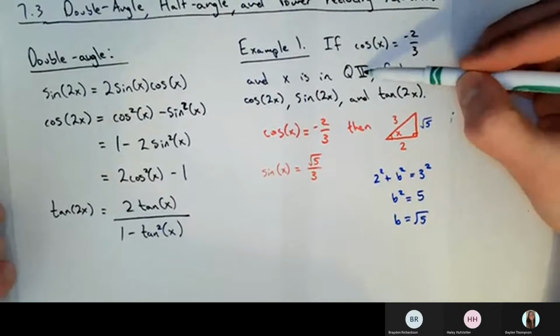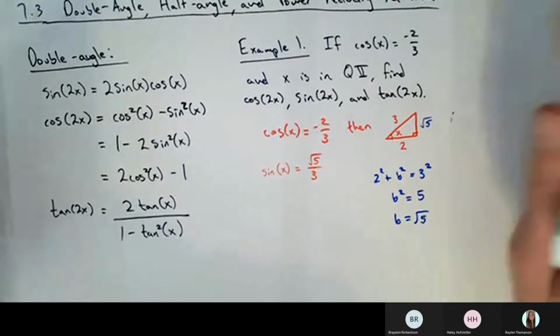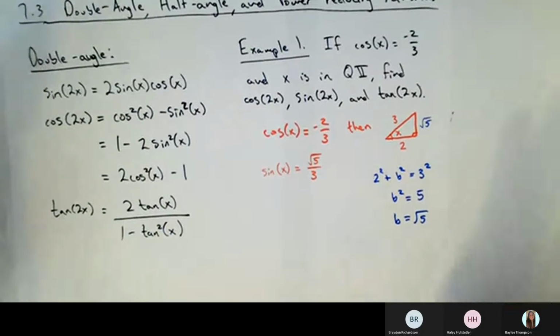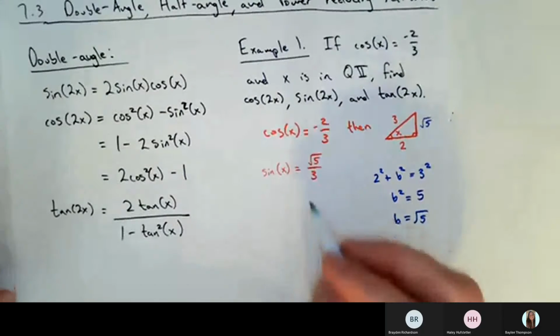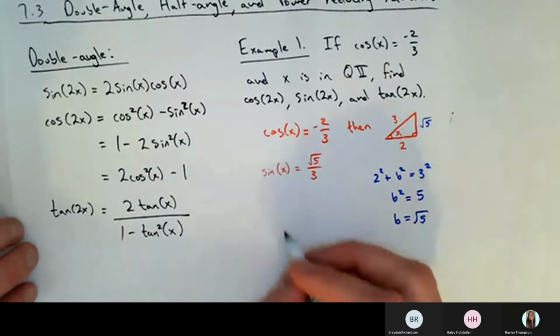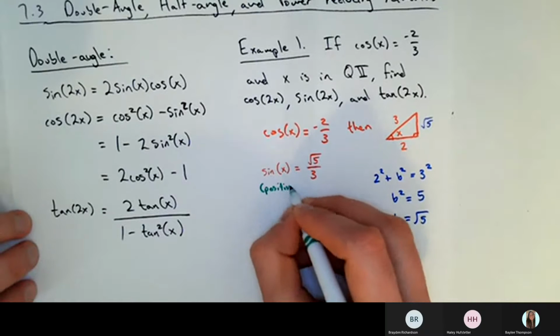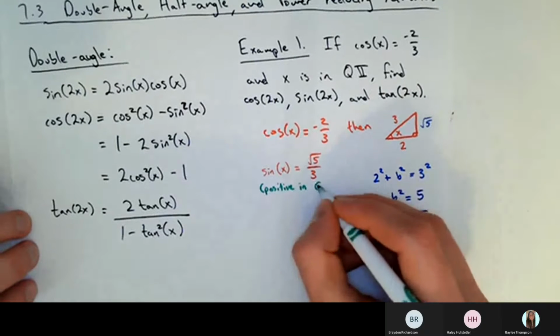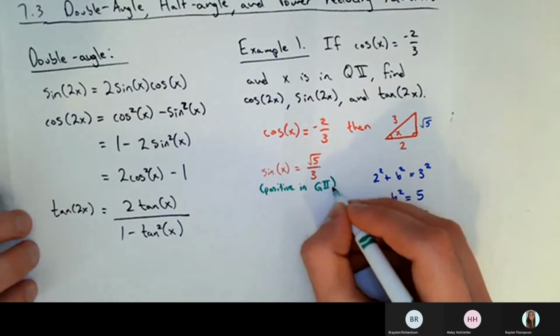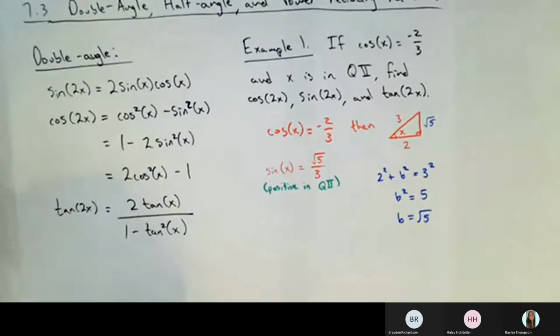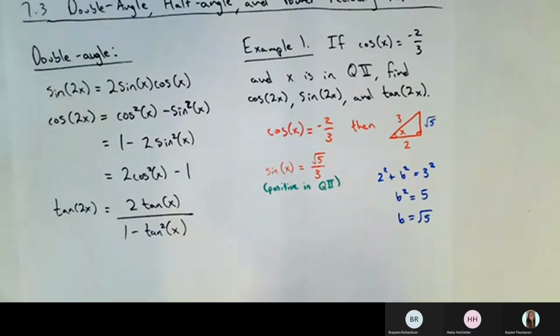Sorry, I glanced at this and I thought that was like a V, like quadrant. Anyways, that doesn't make sense. So anyways, quadrant 2, it's positive. So let's make a note that this is positive in quadrant 2. Sine is positive in quadrant 2 because sine is associated with a y value, right? Y values are positive in quadrant 2.